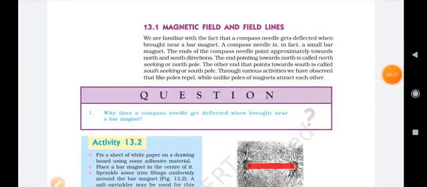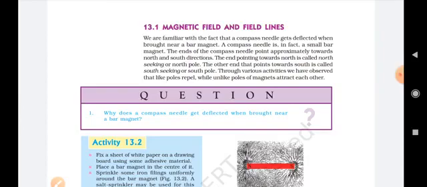Because of that, the concept of the magnetic field can be explained: because the current flows, or the compass needle is moving in the north or south, or is just deflecting, it means that there is a magnetic field. So what is a magnetic field?